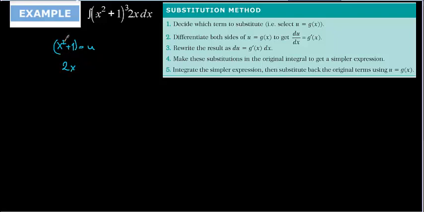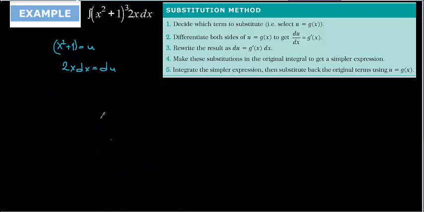And when I get the derivative 2x, I add dx to this side, and the derivative of u becomes du for us. As I explained before, normally du over dx is equal to 2x, but we send dx to the other side, so 2x dx becomes equal to du.